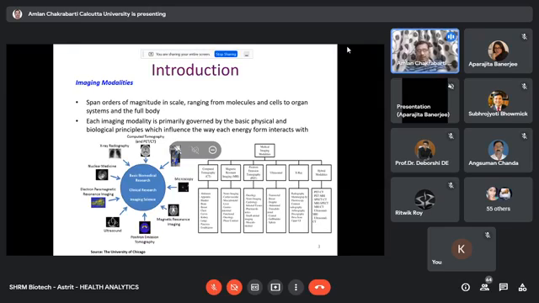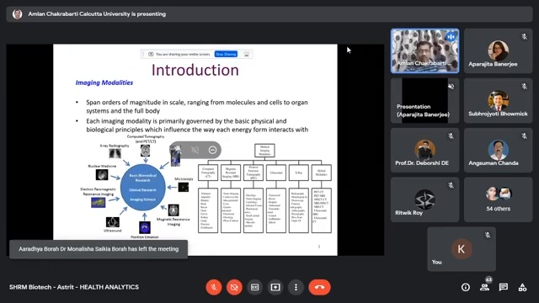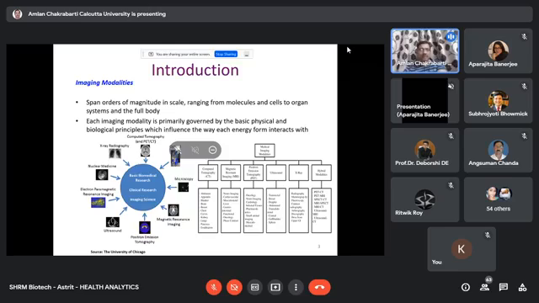Different modalities. Suppose we want to go for the soft tissues, we will go for MRI. Suppose we want to go for the hard tissues, we will go for the CT, right? And there are some organs which are non-rigid, right? We have to take different types of signals from them, like ECG or EEG type of signals to understand their dynamic scenario.